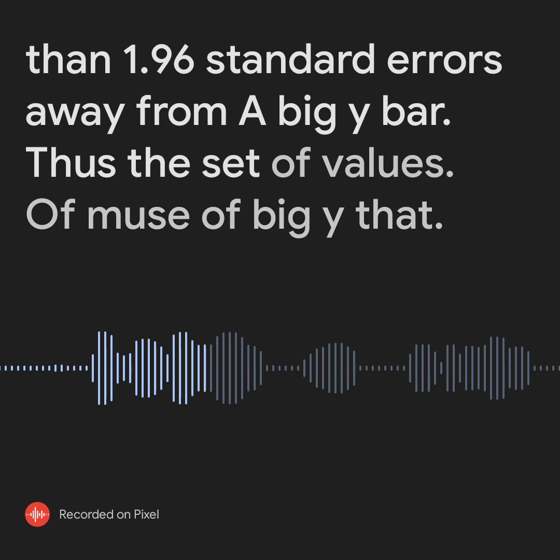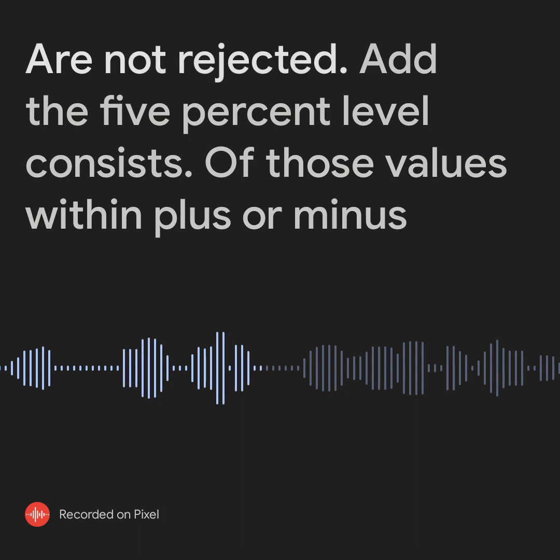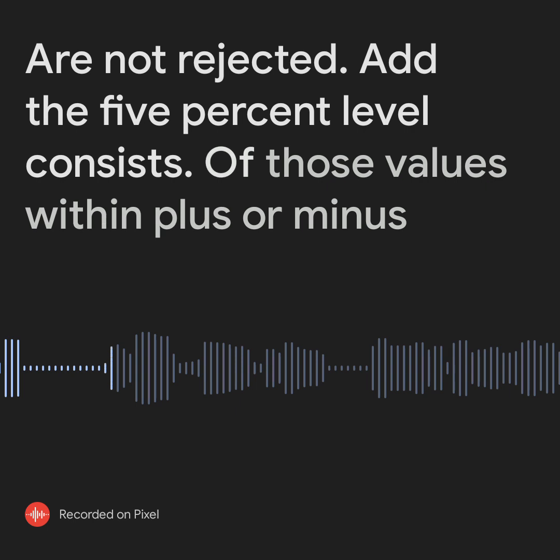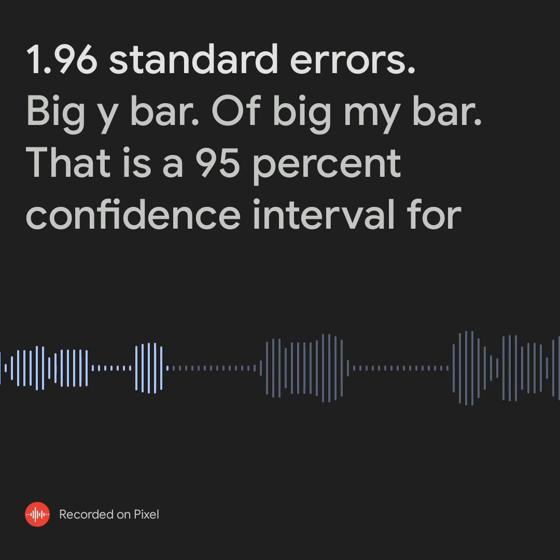Thus, the set of values of μ_Y that are not rejected at the 5% level consists of those values within plus or minus 1.96 standard errors of Ȳ.